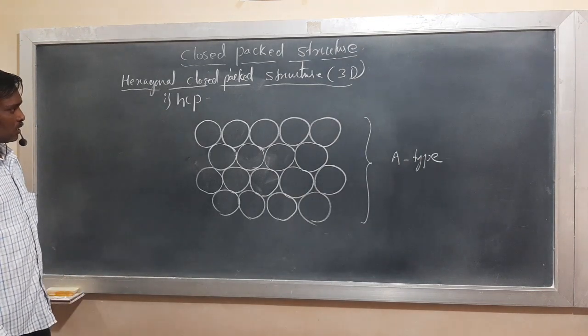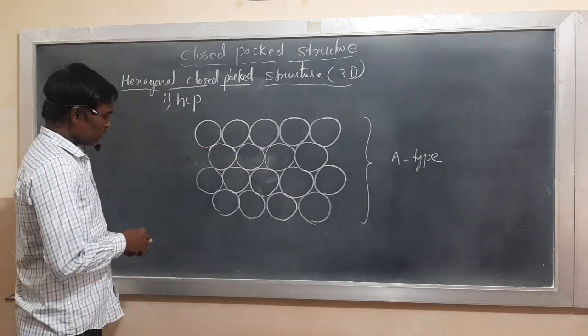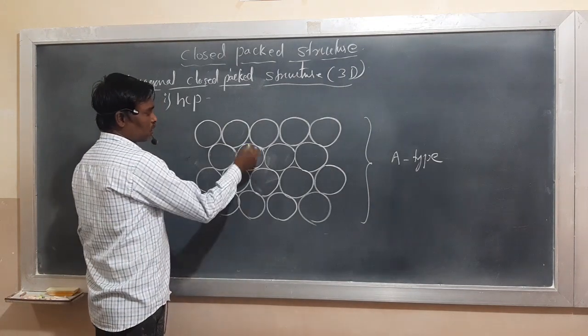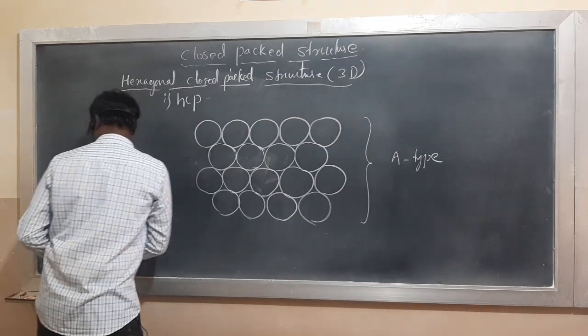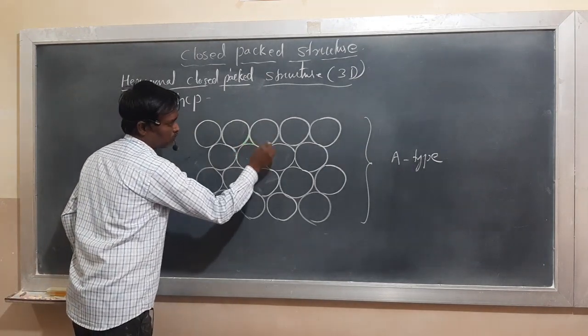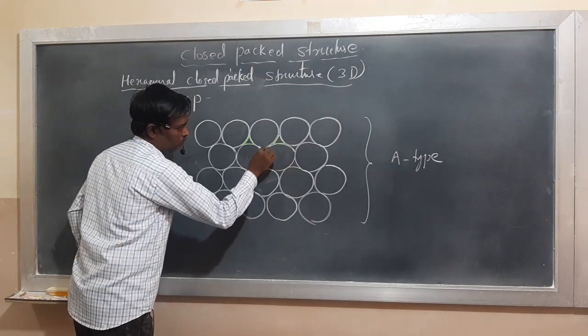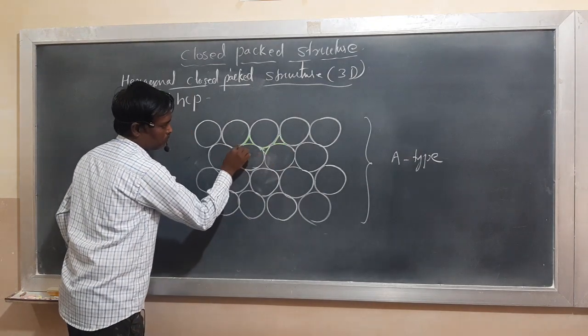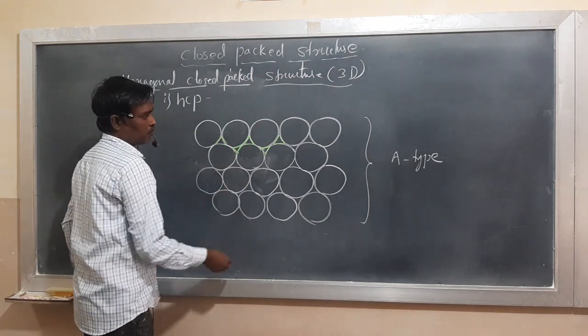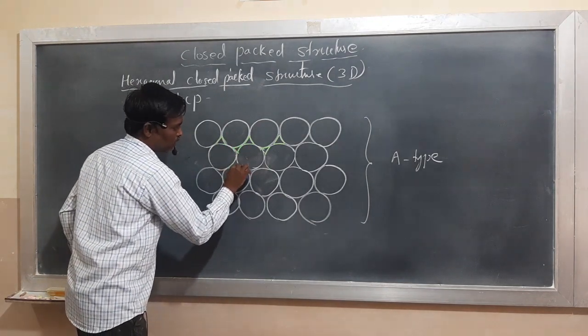As students, here this is hexagonal close packing. We know the hexagonal close packing structures have triangular voids. Here, 2 types of triangular voids are seen.